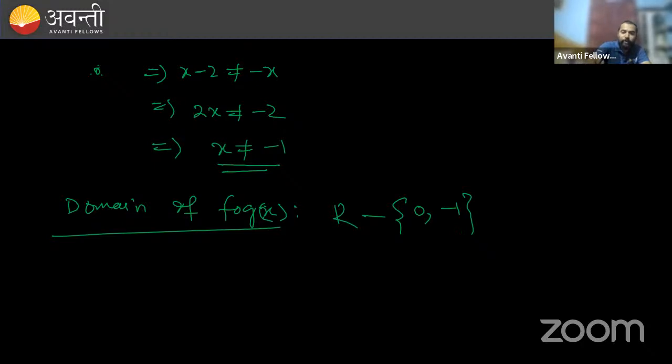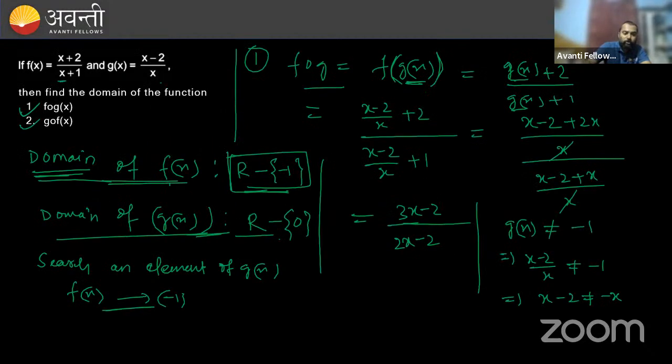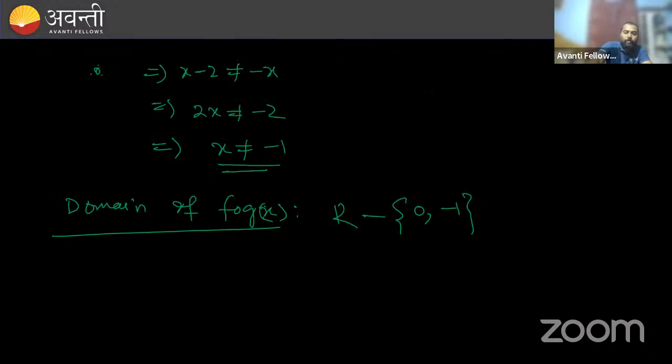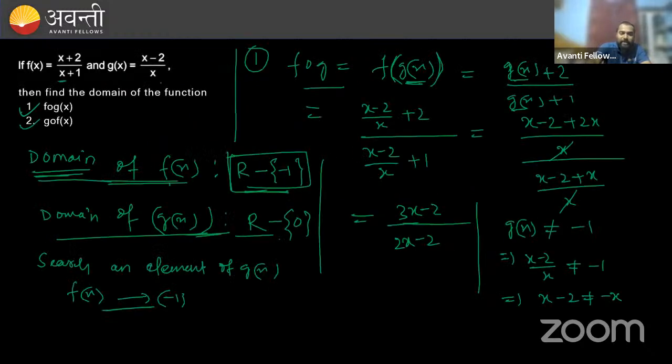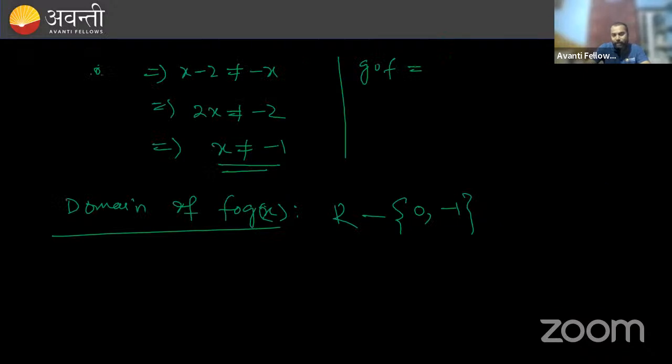Okay, if it is clear, similarly we can find also the domain of g of f of x. Now find first g of f of x. What is that? g is given as x minus 2 by x. So in place of x, we'll write f of x minus 2 by f of x.